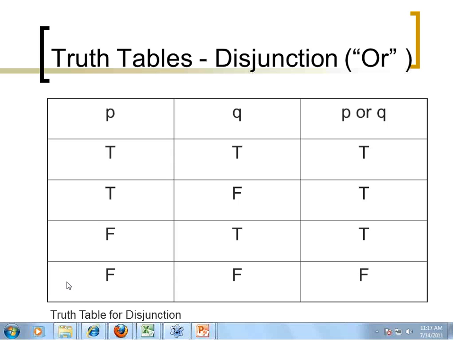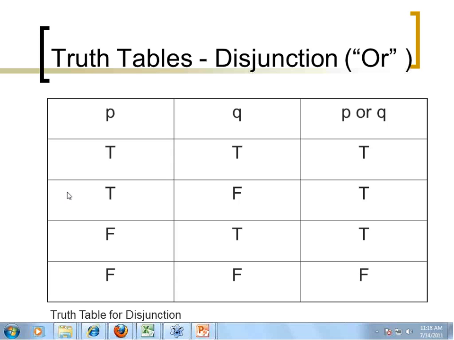What's the result for P or Q given P is true and Q is false? I agree that it will be true. You agree that it would be true, given the fact that? Given the fact that we have one, based on the statements that we would be gathering, one of it can be proven. Okay. So once one of the statements is proven to be true, then the result will end up to be true.